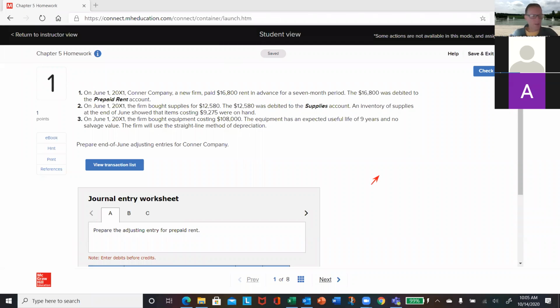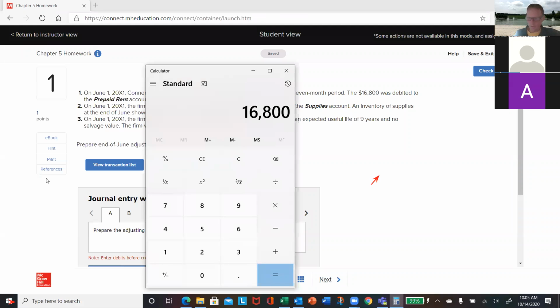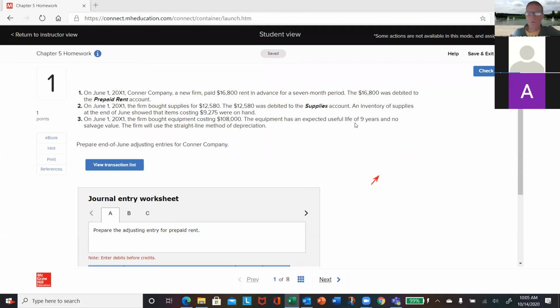So just on your calculator, and I'll do it too, just take the 16,800 divide by 7, and you're going to get $2,400. Again, let me write this out so you got the visual of what I just did, because I just typed it into my calculator.